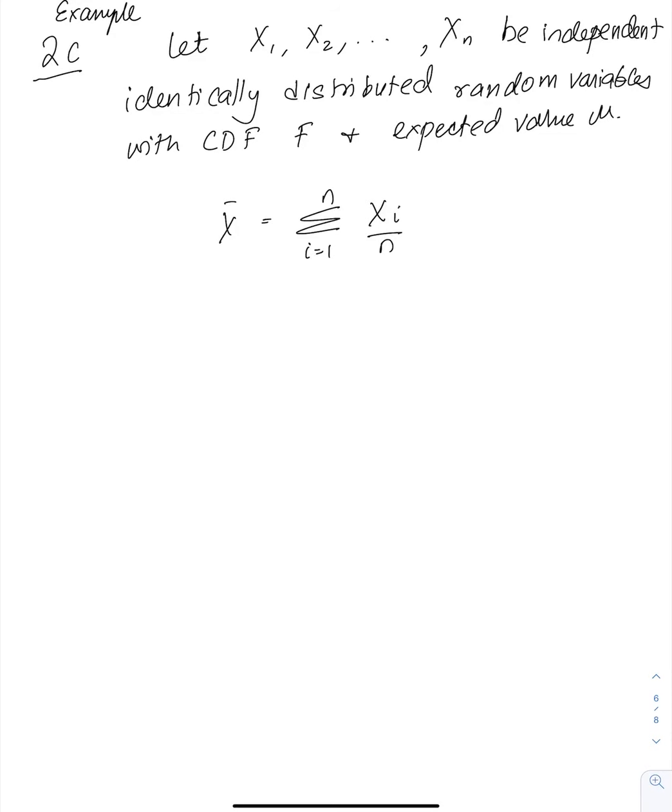Anyway, in this case, you say the sequence is said to constitute a sample. You say the sequence is making up a sample from the distribution F. So this quantity X bar, which is the sum of the Xi's over n, is called the sample mean.